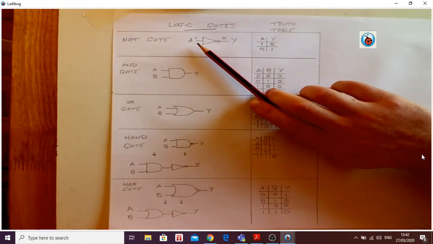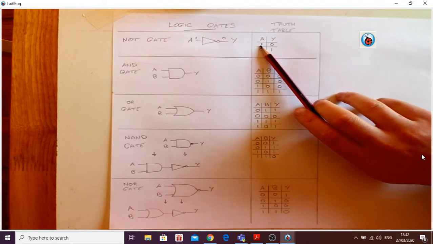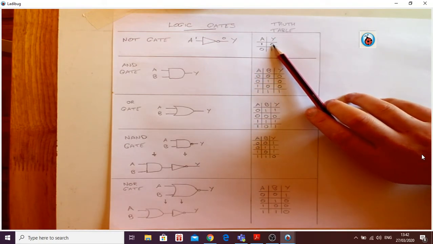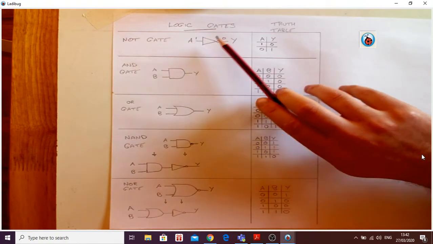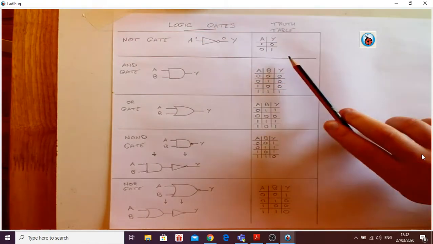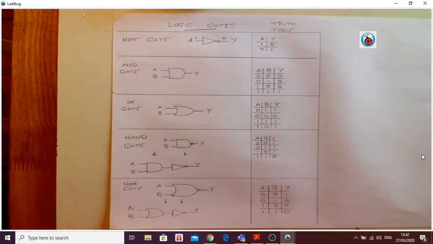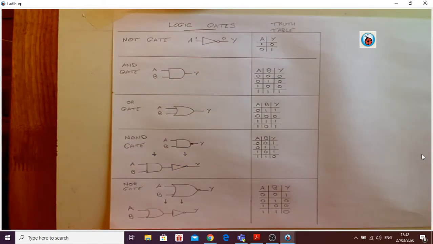When you have 1 as an input on A, the output is always 0. If you have 0 on the input, it flips it around, and the output is always 1. That's the most basic logic gate. It's called a NOT gate, and that is the symbol there.